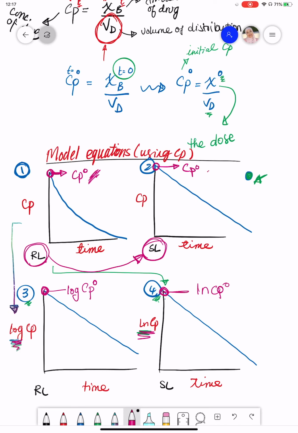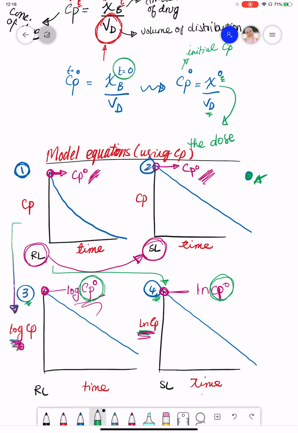Or in semilog, Cp versus time, it will be Cp naught only. If it's transformed to log, the y-intercept will be log of the initial concentration, and in ln it will be ln of the initial concentration. So if you want Cp naught here, you will take the anti-log, and here you need the anti-ln for Cp naught.